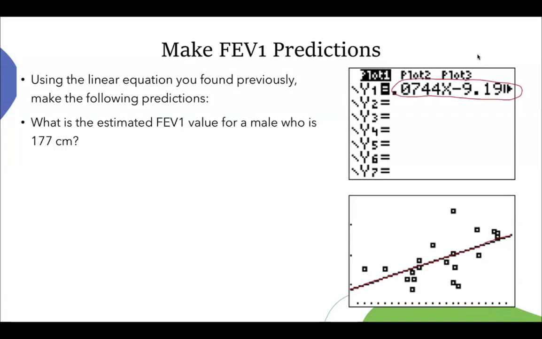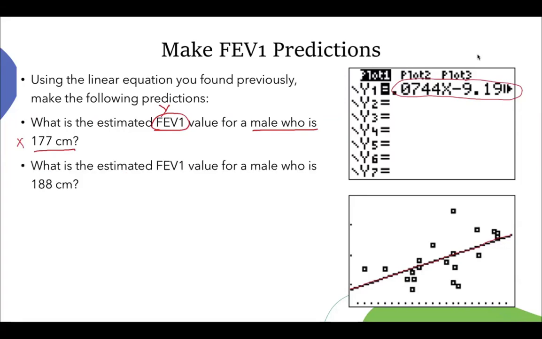So imagine that we have a male who is 177 centimeters, who is not part of this study. Let's make a prediction on the estimated FEV1 value for that male. Okay, so we have the height, which is the X value, and we want to find Y, the FEV1.